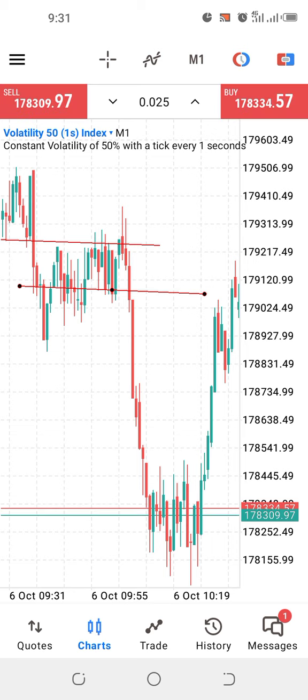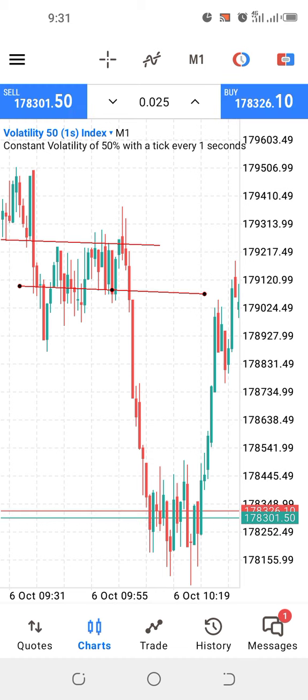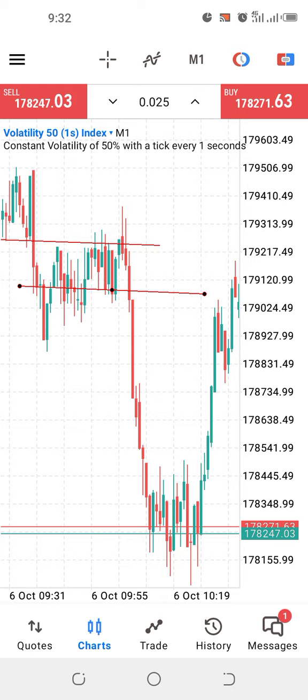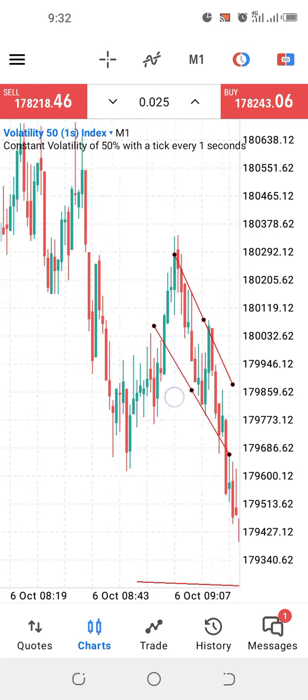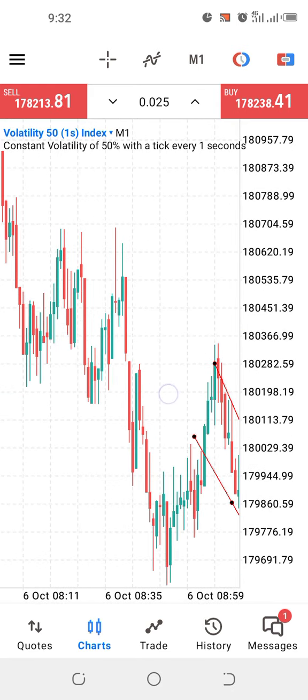Like I said, we're going to talk about support and resistance levels. When the market moves up, then pulls back, the highest point reached before the pullback is now support. As you can see in the chart, the market moves up and down.